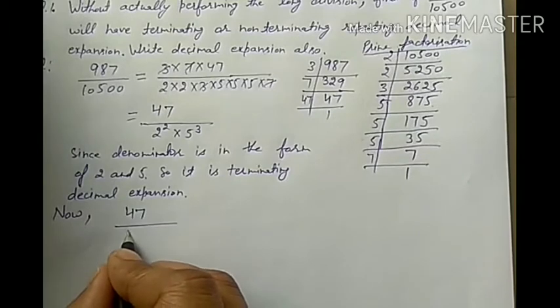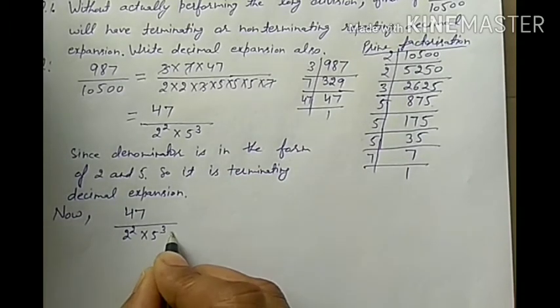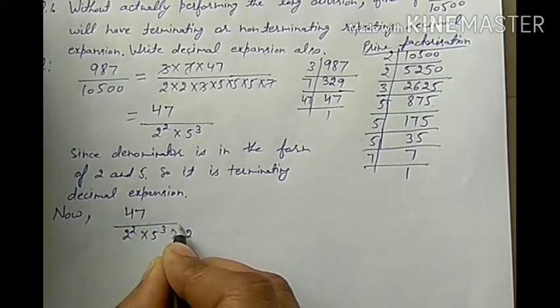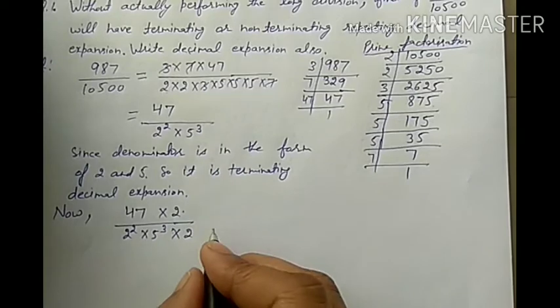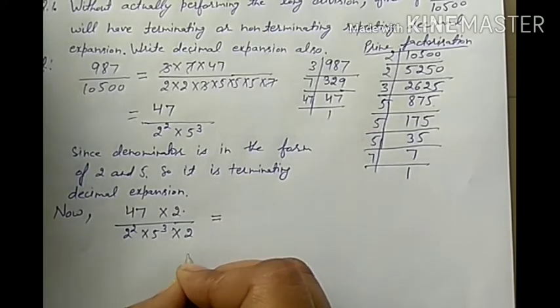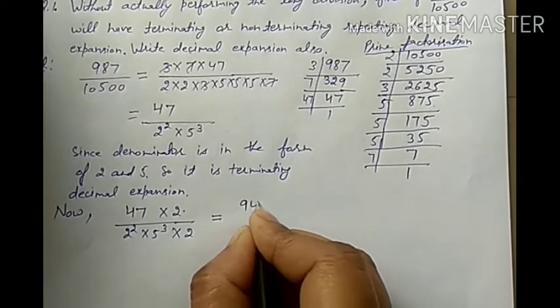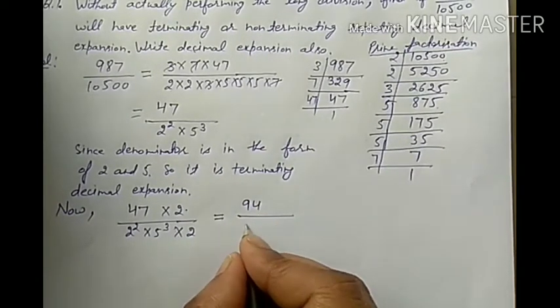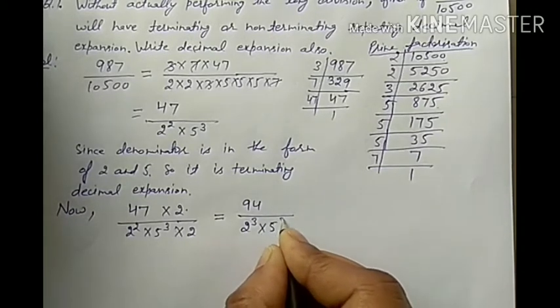We have 2 raised to power 2 into 5 raised to power 3. We can multiply the same number in numerator and denominator. Then it will be 94 in the numerator and the denominator 2 raised to power 3, 5 raised to power 3.